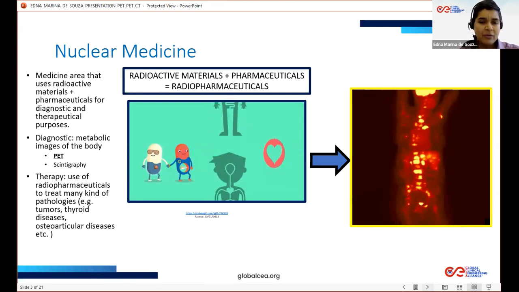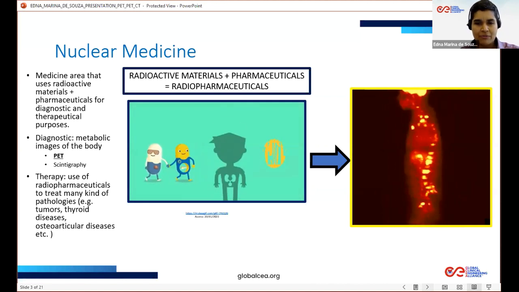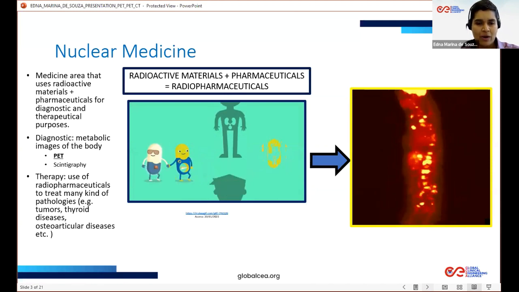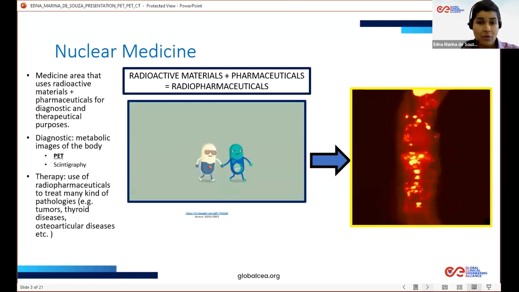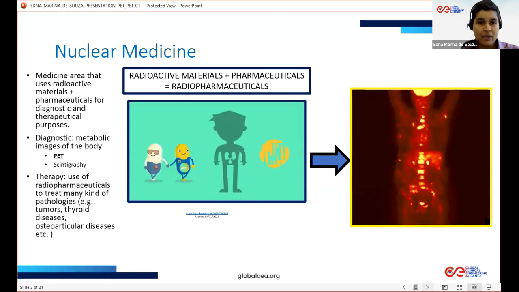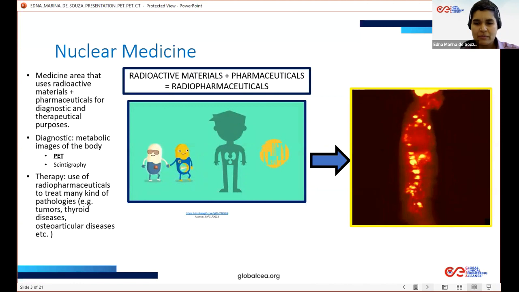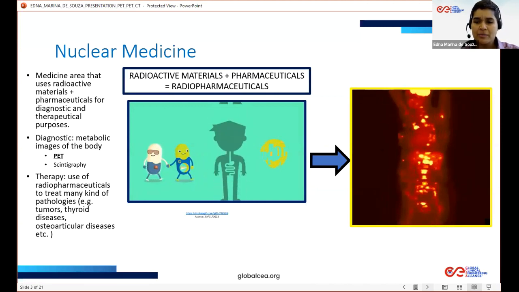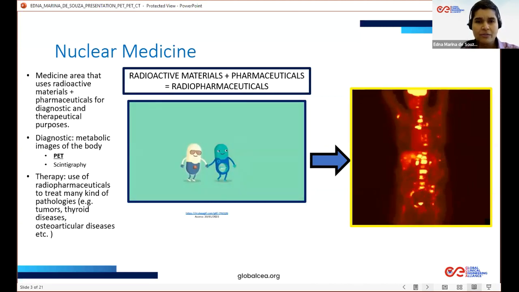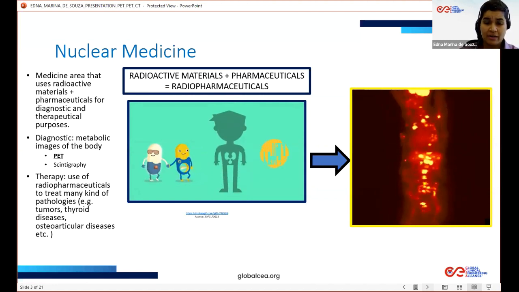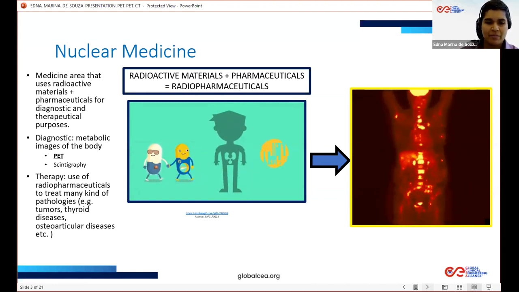Here in the middle, we have an illustration of a radionuclide connected to the pharmaceutical, creating what we call a radiopharmaceutical or radiotracer. When injected into the body, the radiopharmaceutical is going to be uptaken by the organs or tissues that apply it in their metabolic activities.